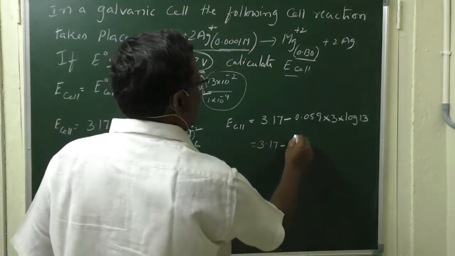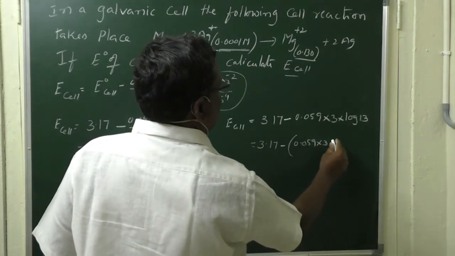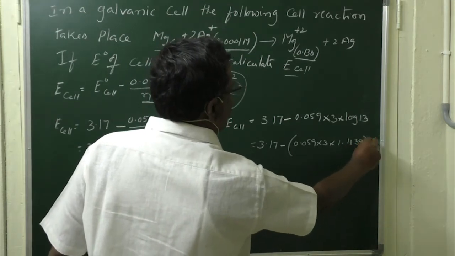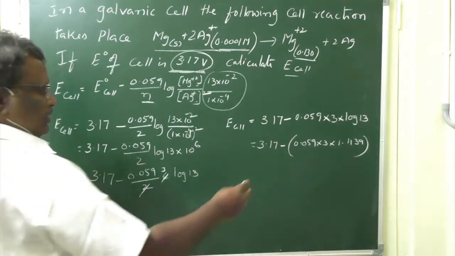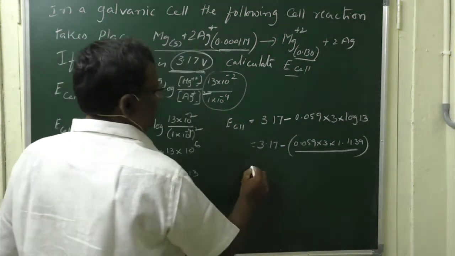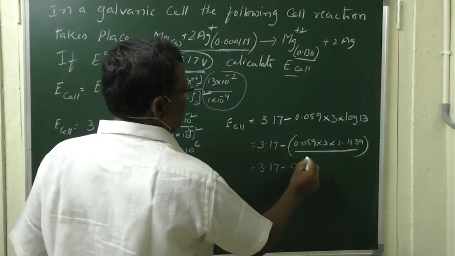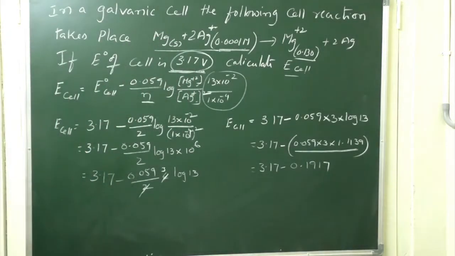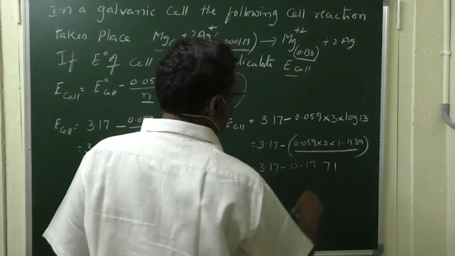3.17 minus of 0.059 into 3 into 1.1139. So on simplifying the whole thing, you will get 3.17 minus 0.1971.